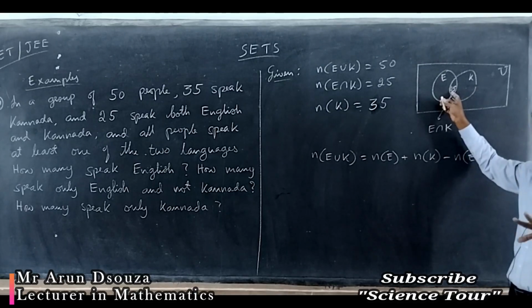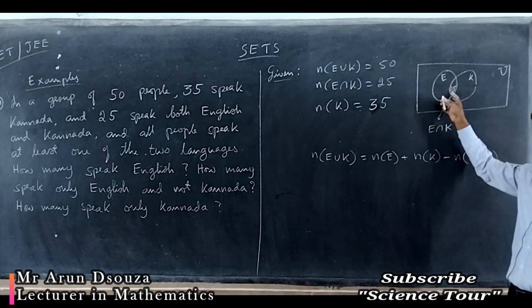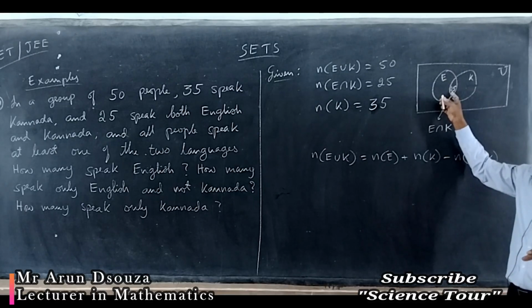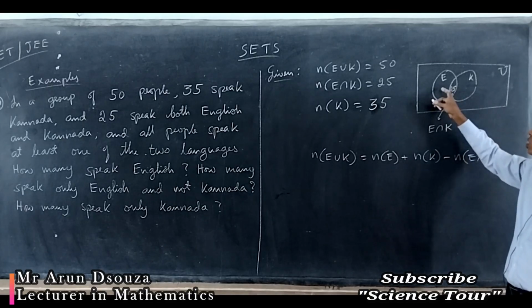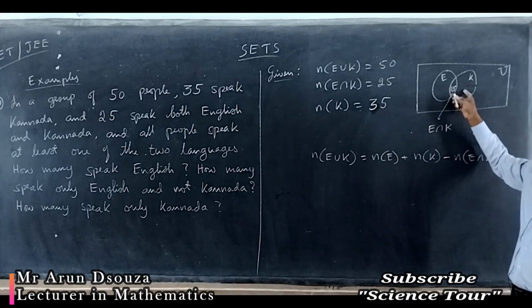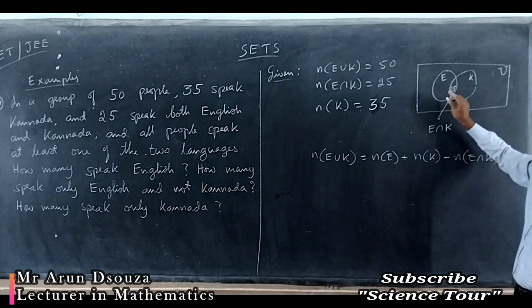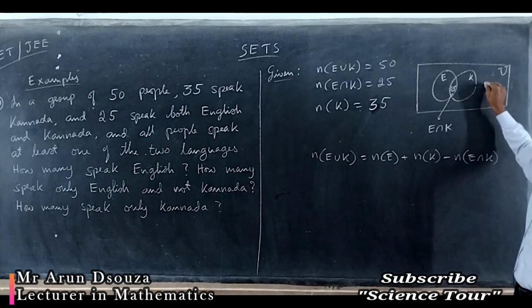So you take any person, he either knows English, or Kannada, or both. There is no person who does not speak either English or Kannada. If there were any person who spoke other than English and Kannada, that person would be here.